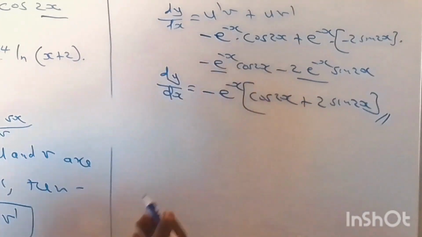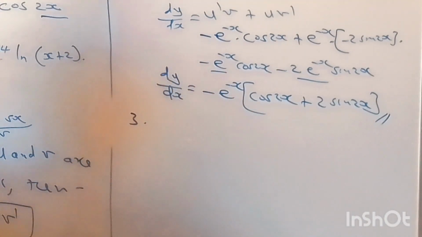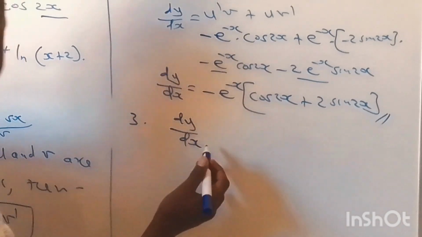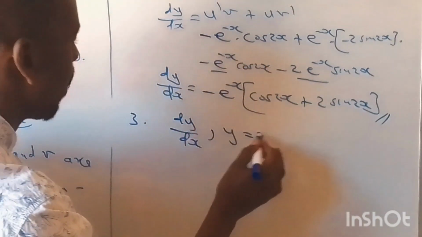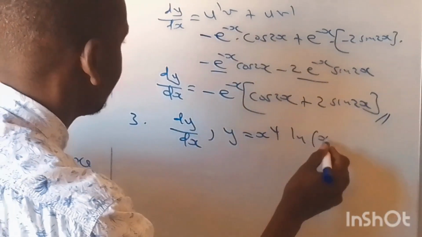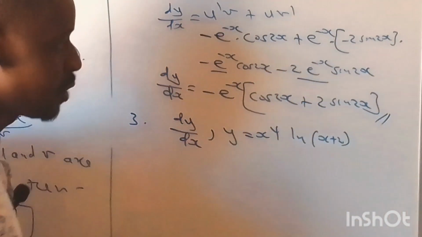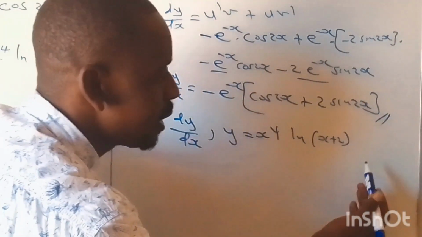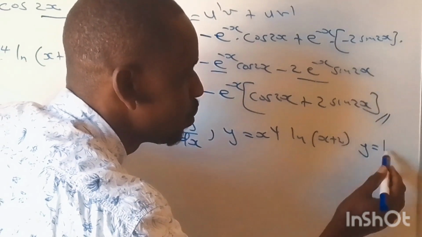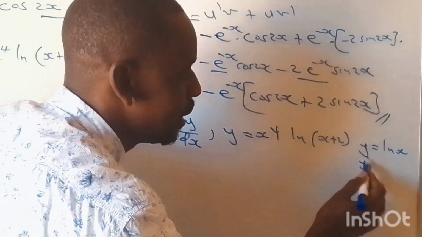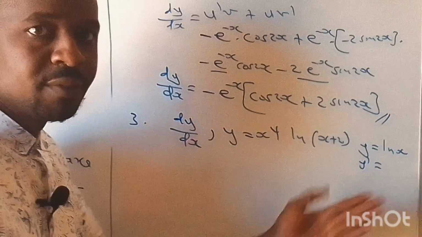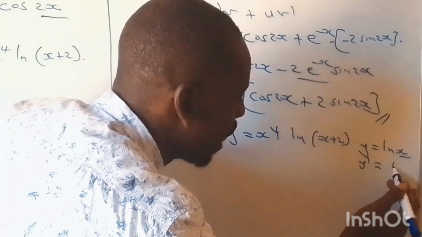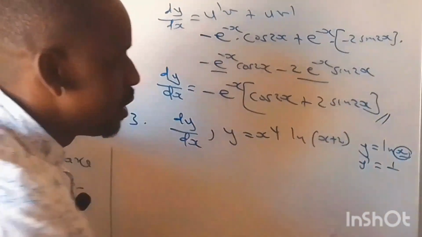Let's look at the last one very fast. And it is dy over dx. That's what we want to determine when y is equal to x raised to 4 times ln of x plus 2. But I want us to remind ourselves something here before we go on: if you have a function y is equal to ln of x, then the derivative of that, you differentiate that value which is x, and you get 1, over that value which is there, x.